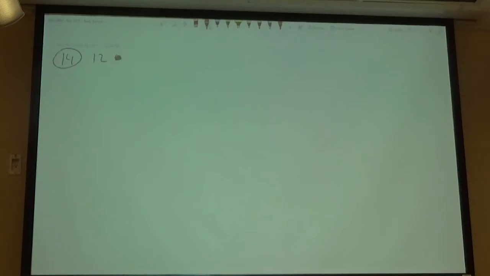So, monthly, 12 monthly payments. $1,000 as the payment, and we're going to set this up as begin mode. And 5 years.